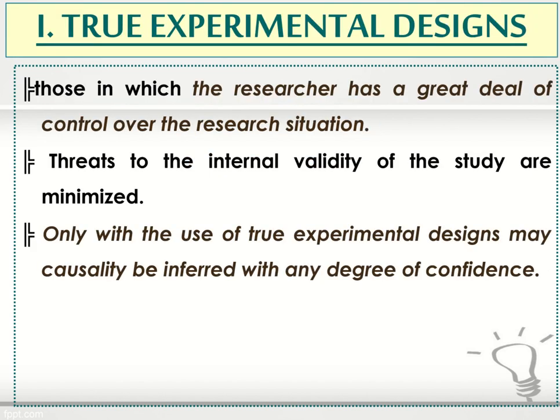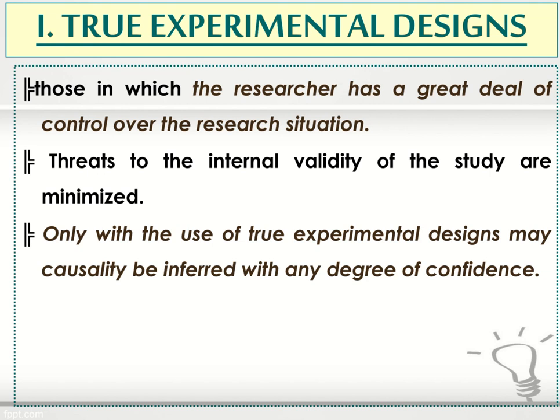Now that we know all of those concepts, we can proceed to the first category of experimental design, which is true experimental designs. So the true experimental designs are those in which the researcher has a great deal of control over the research situation.